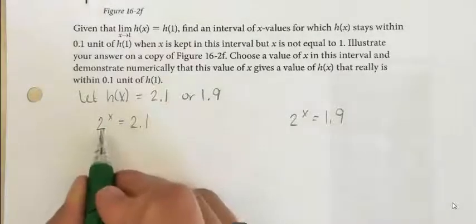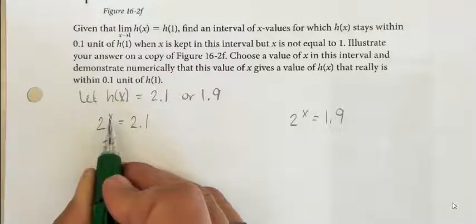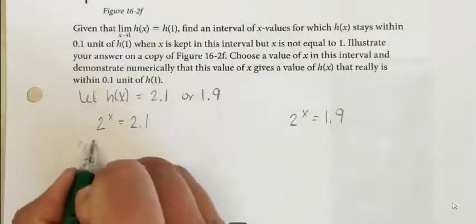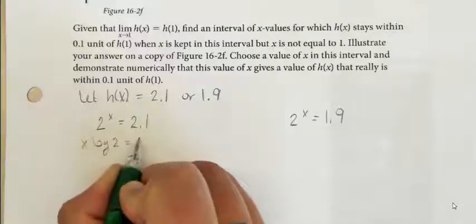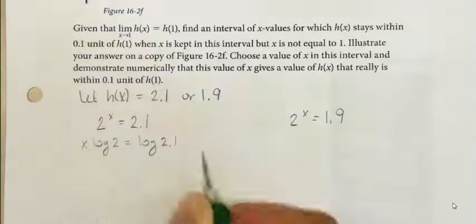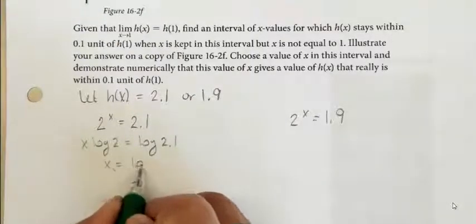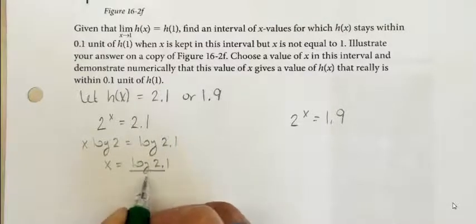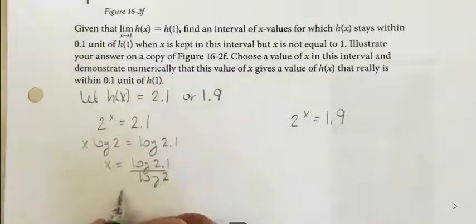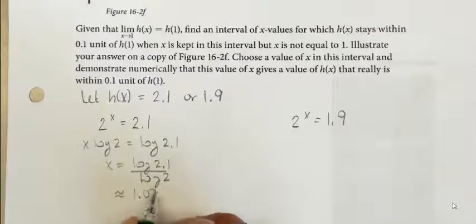Solving this, I have to solve for x, so I need to use logarithms. I'm going to have x log of 2 equals log of 2.1, solving for x, and we get approximately 1.0703.